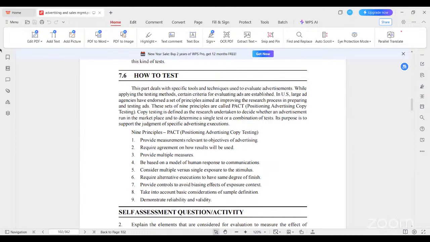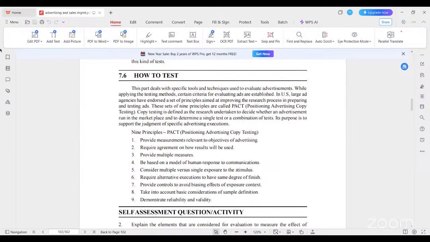Setting clear objectives says that we should be SMART, with specific objectives. Those objectives should be measurable, and the objectives which we have set should be achievable and relevant, and they should be completed in a time-bound manner.